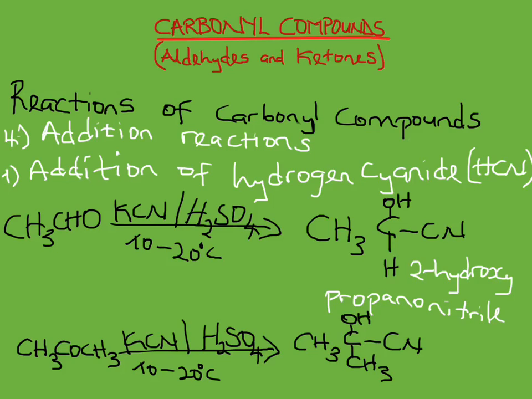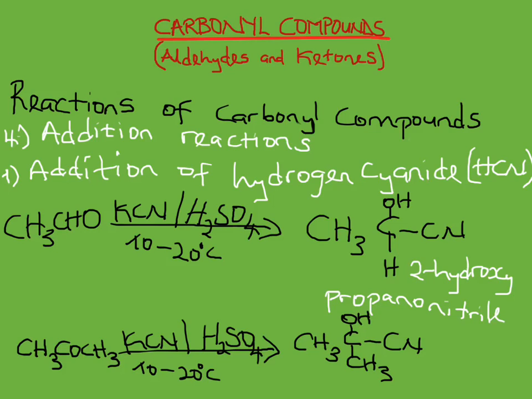Like you can see from your screen, the reaction. You have ethanal undergoing the addition of hydrogen cyanide in the presence of potassium cyanide and sulfuric acid, that is dilute sulfuric acid, at 10 to 20 degrees Celsius to yield 2-hydroxypropanenitrile.